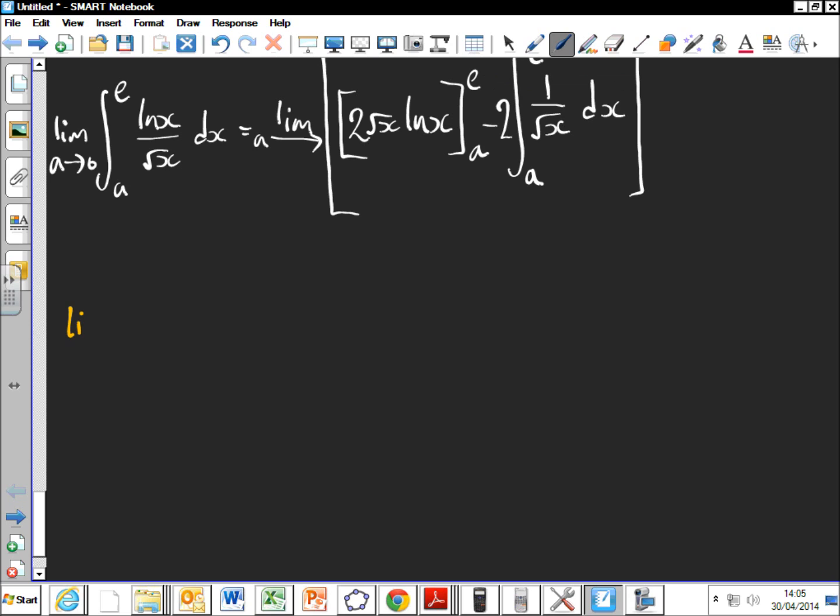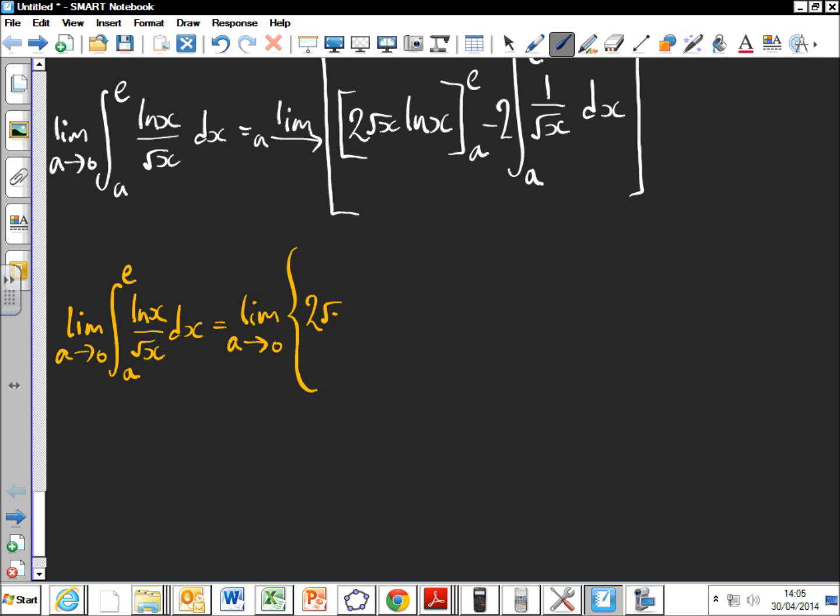Okay, so we'll just write it out again. This thing we're trying to integrate, the integral from a to e of ln x over root x dx, should be equal to the limit when a goes to 0. Right, let's sub in the e.